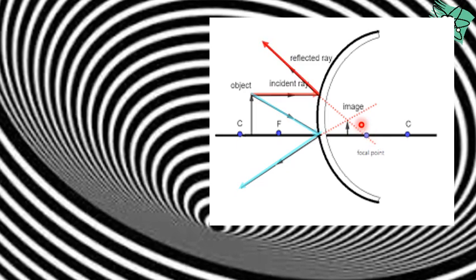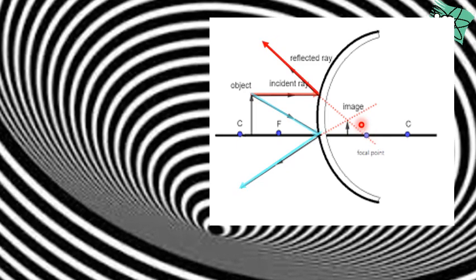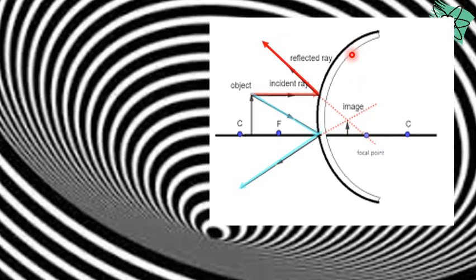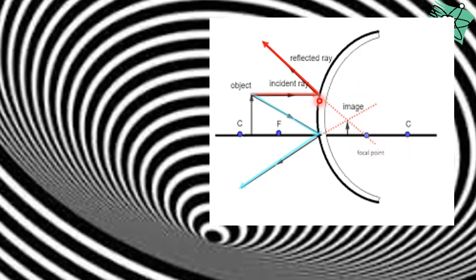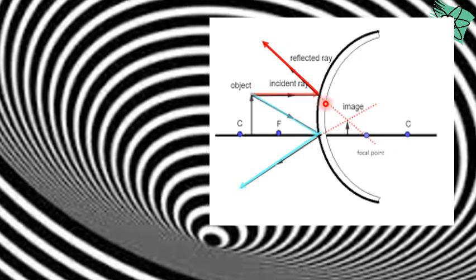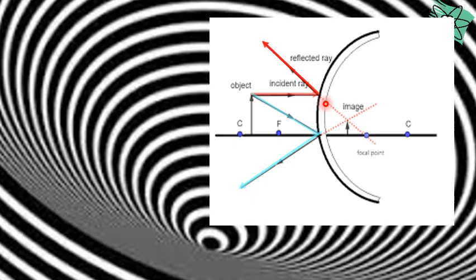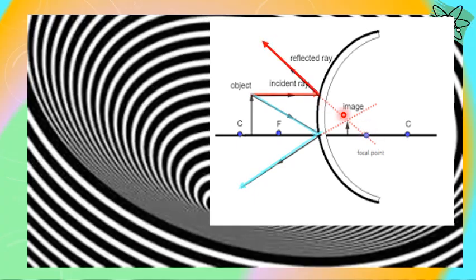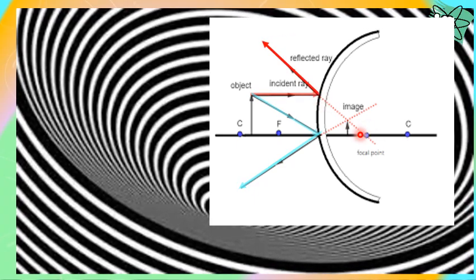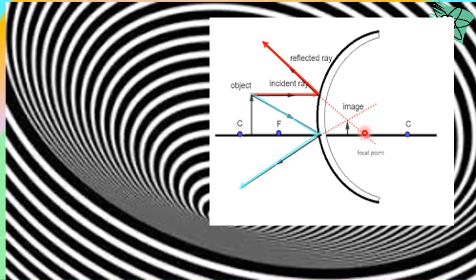This point here is what we call the virtual focus of the convex mirror. The extended line represents the virtual reflected ray.